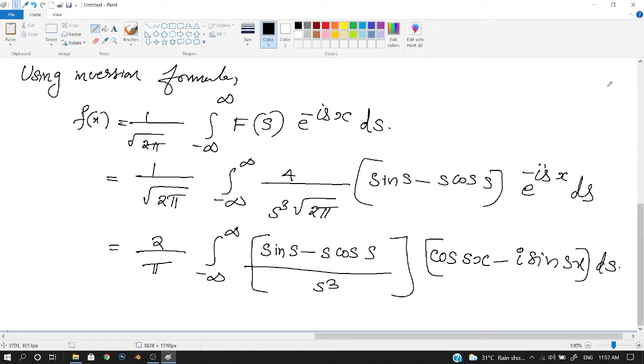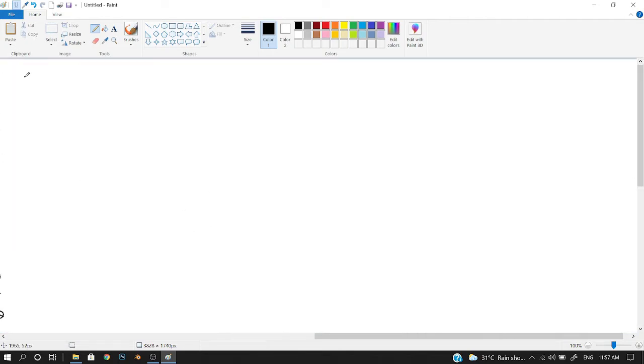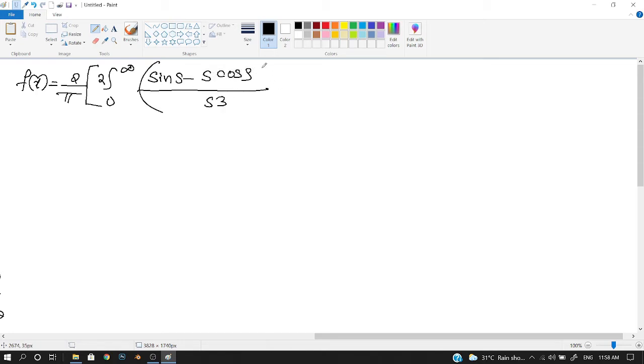So here we can write that f of x is equal to 2 by pi, then integral from minus infinity to infinity. The first quantity is an even function, so it is enough to write 2 times 0 to infinity, the quantity sin s minus s cos s divided by s cube into cos sx.